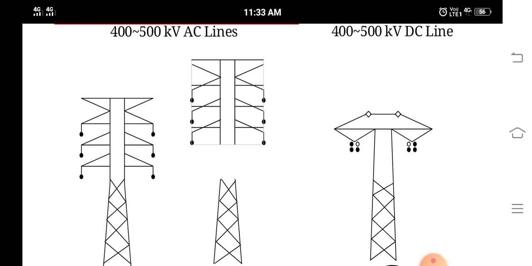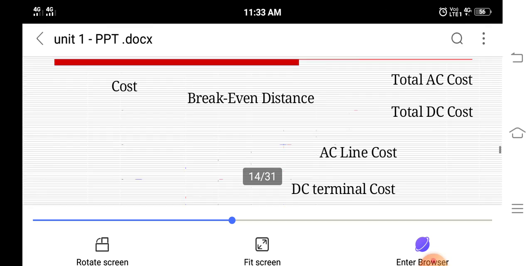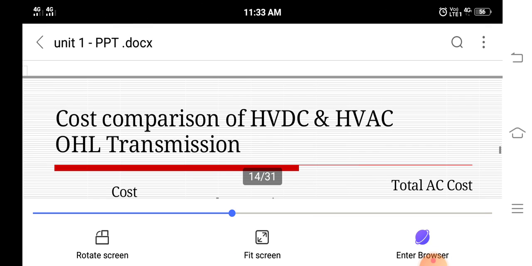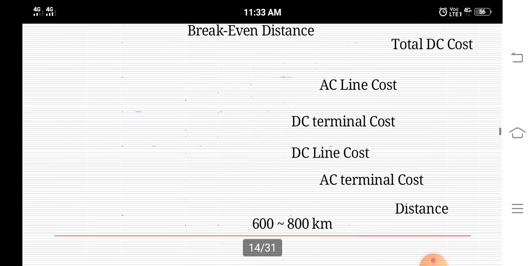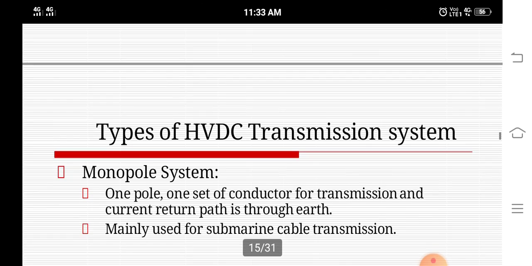Okay, the AC line has 400 to 500 kilovolts, and the DC line has 400 to 500 kilovolts, for the same power transmitted from one end to another. Okay, this is the cost comparison of HVDC and HVAC overhead line transmission. Cost wise, HVDC is the most economical.